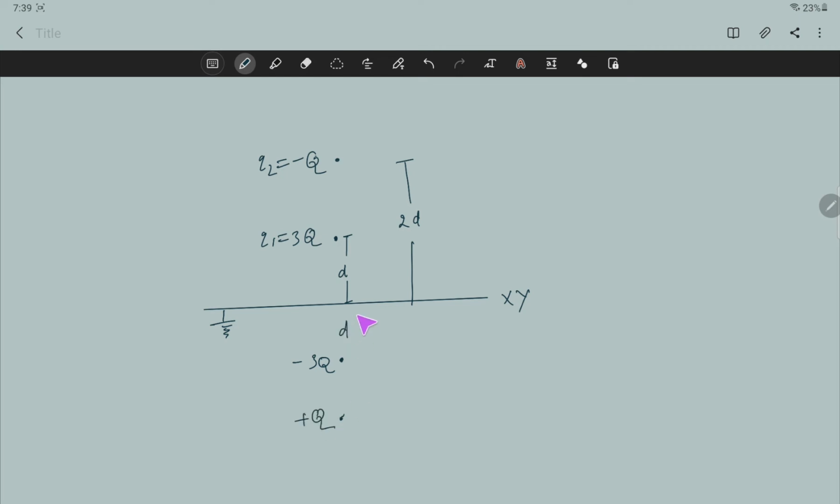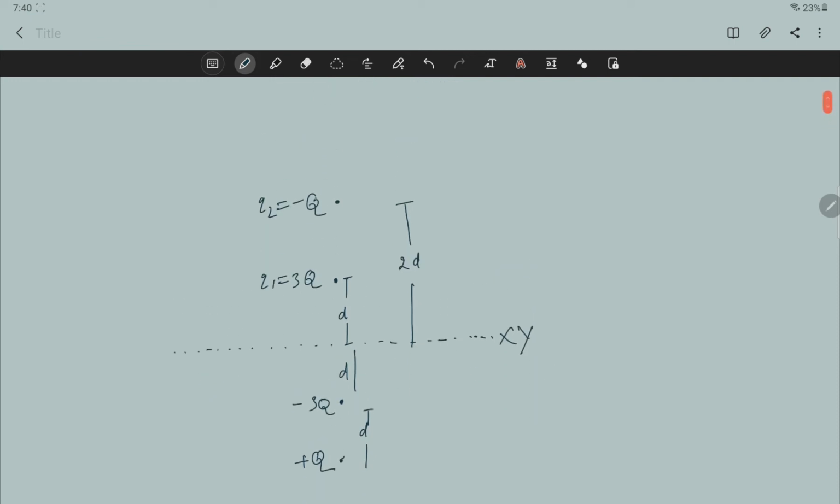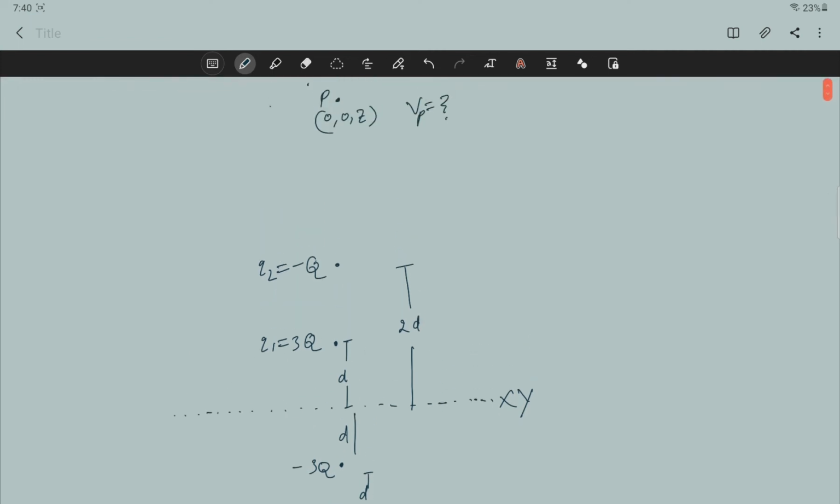This will be d and this will also be d. In this way we have to replace this conducting plane with an imaginary plane. Now this is the situation. We have replaced the original problem with a virtual problem because we are using the image method solution.